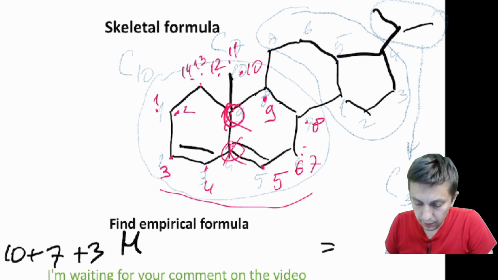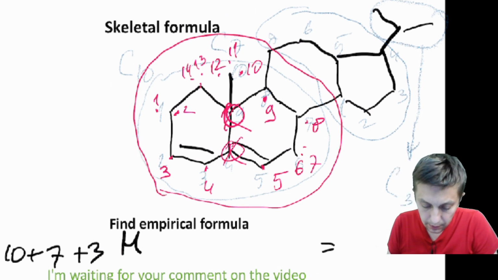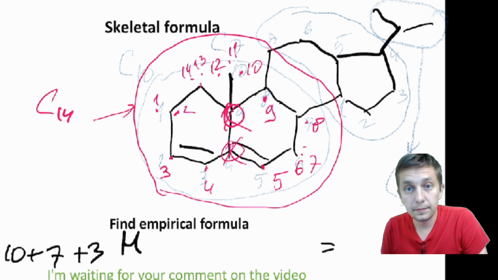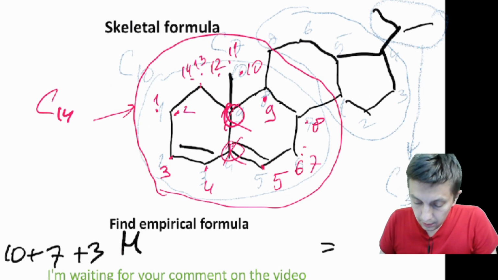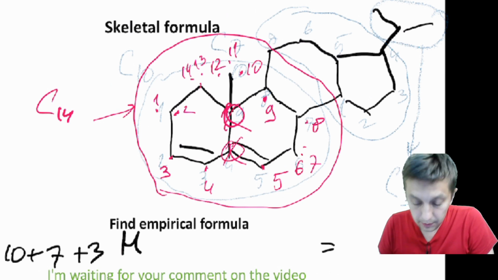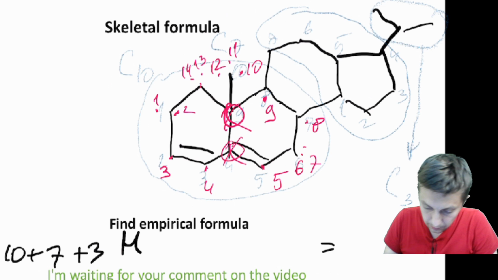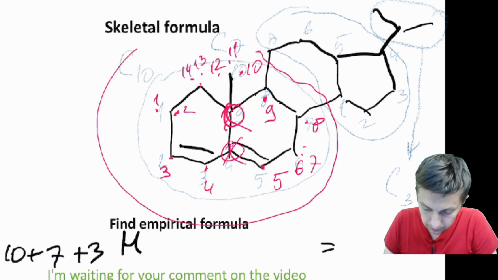In all these fragments we count C14. It's too many. One moment, I will make a not very successful loop. H14.